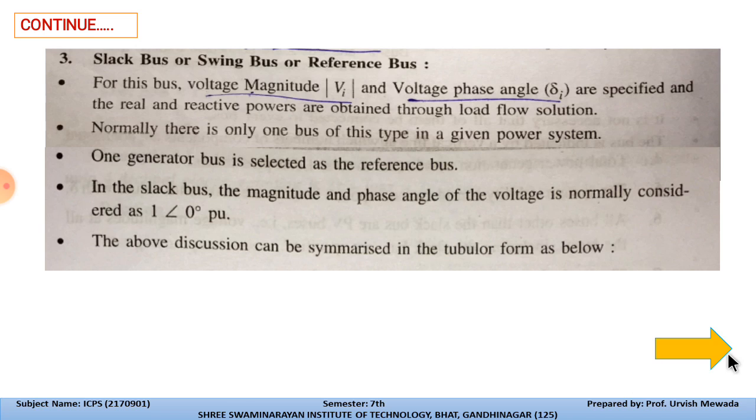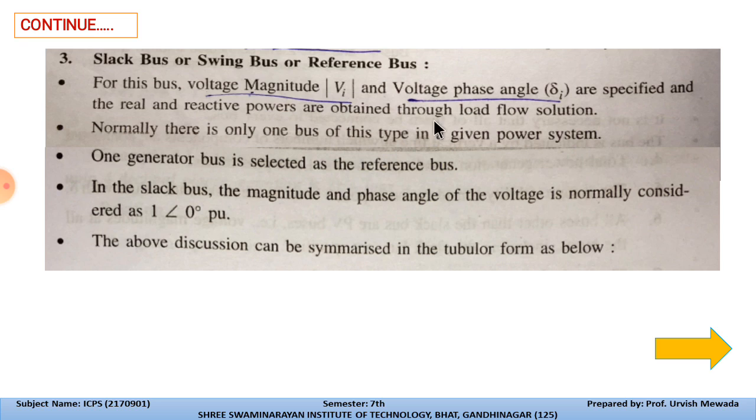Now the third is the slack bus, or we can say swing bus or reference bus. For this bus, the voltage magnitude Vi and the voltage phase angle delta i are specified, and real and reactive powers need to be obtained through the load flow study or load flow solution. Normally there is only one bus of this type in a given system.